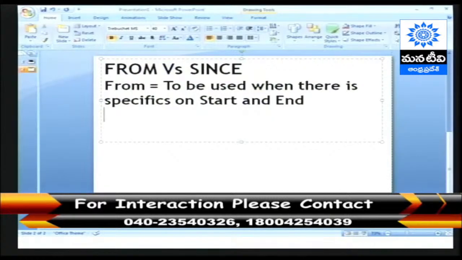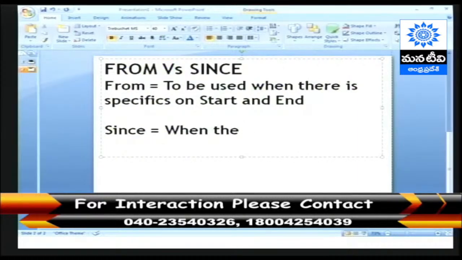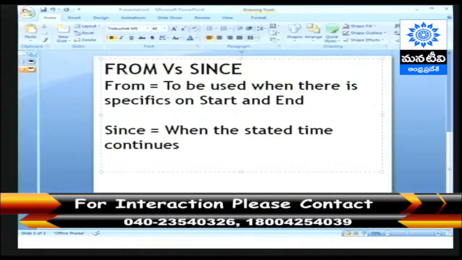I will use since when the stated time continues. What do I mean by this?